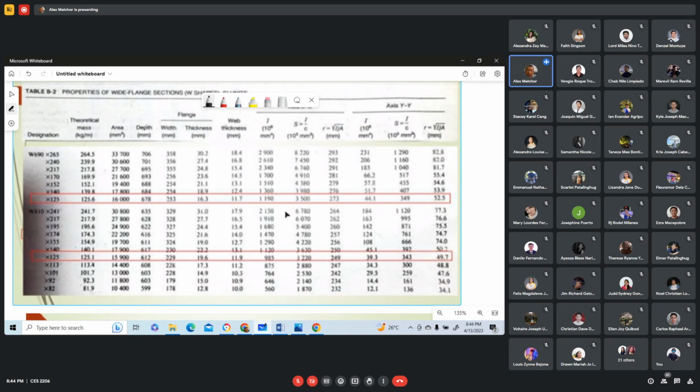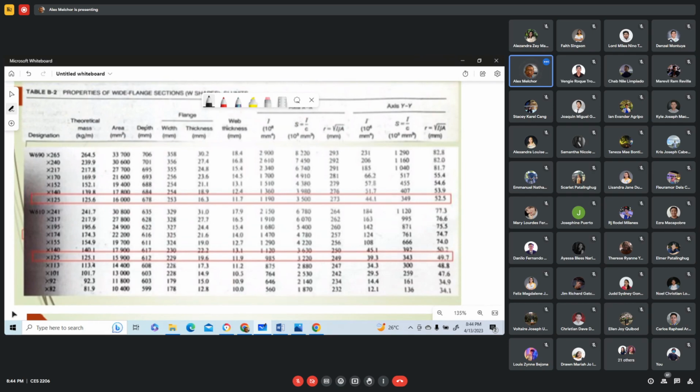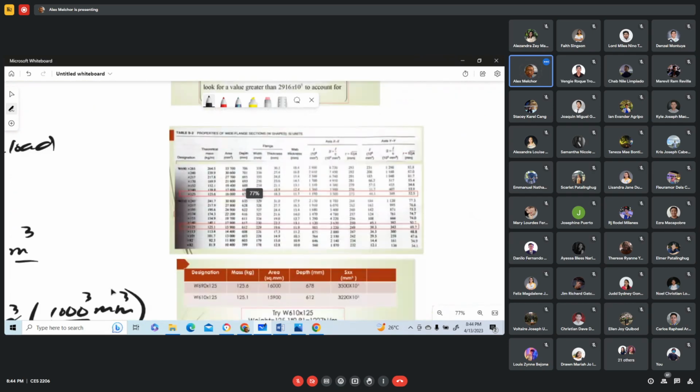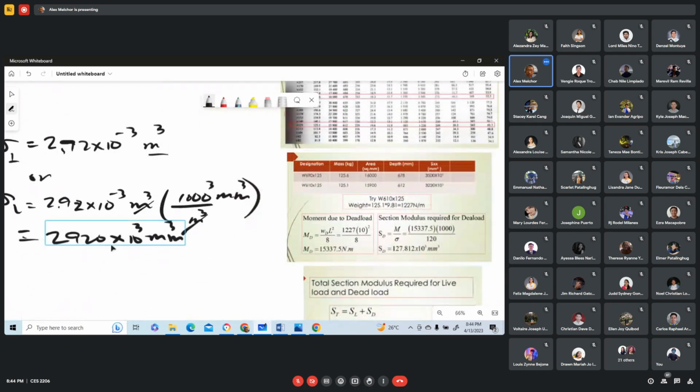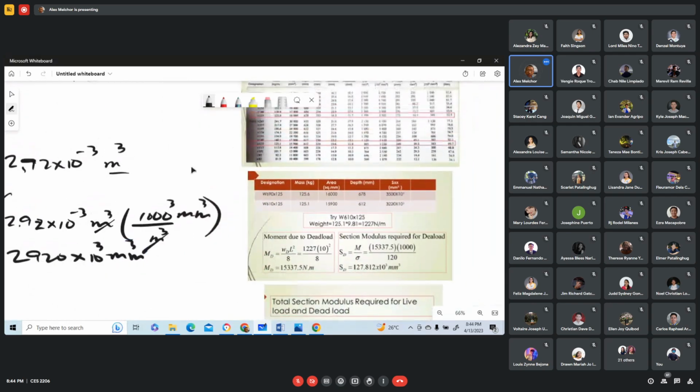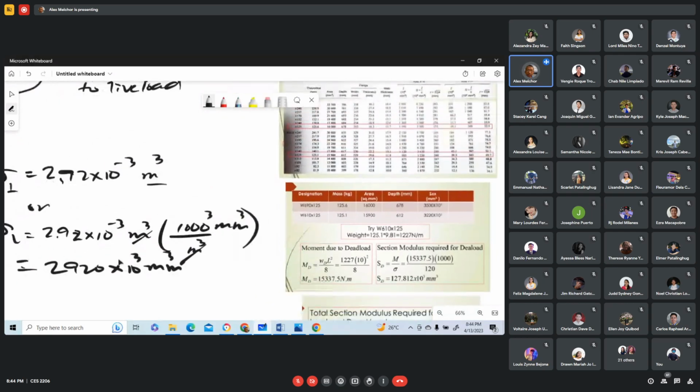Now, this has a section modulus of 3,500, but our computed section modulus is 2,920. Okay. So we need to select a wide flange section that has greater than this, 2,920 times 10 cube.